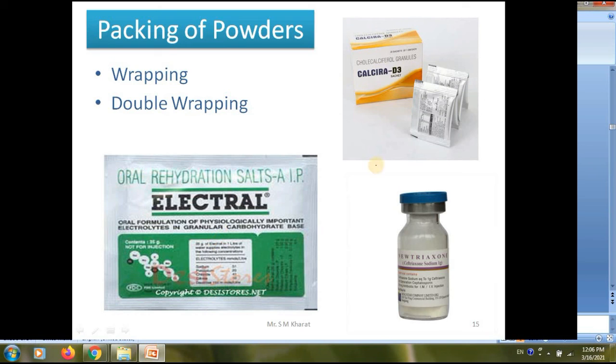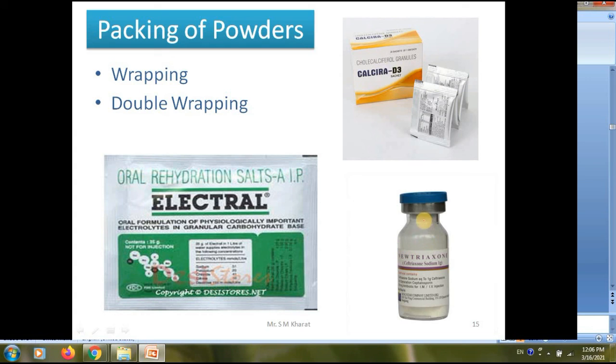In the third image, we have packed our powder content in a glass container, which is also called a vial. These are dry powders to which we have to add a solvent like WFI, that is, water for injection, or sterile water for injection, and after this we mix properly and take it as a syrup.